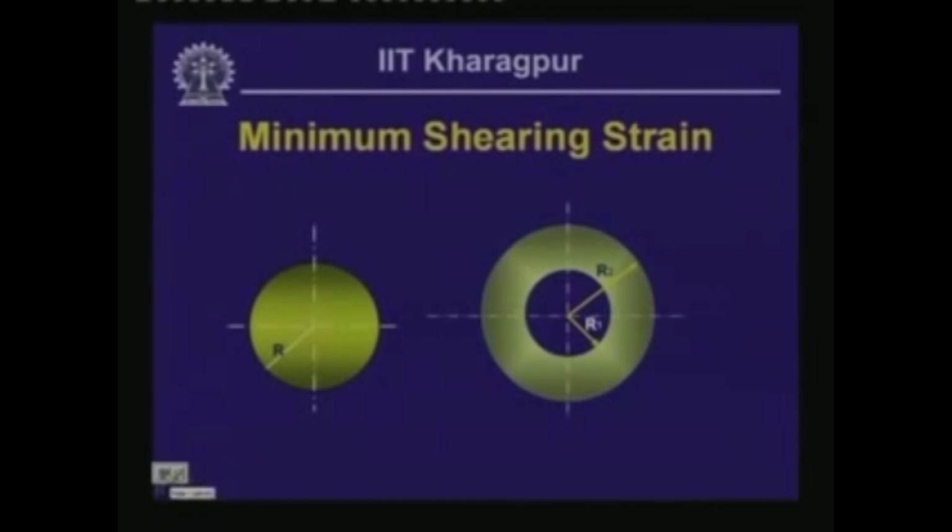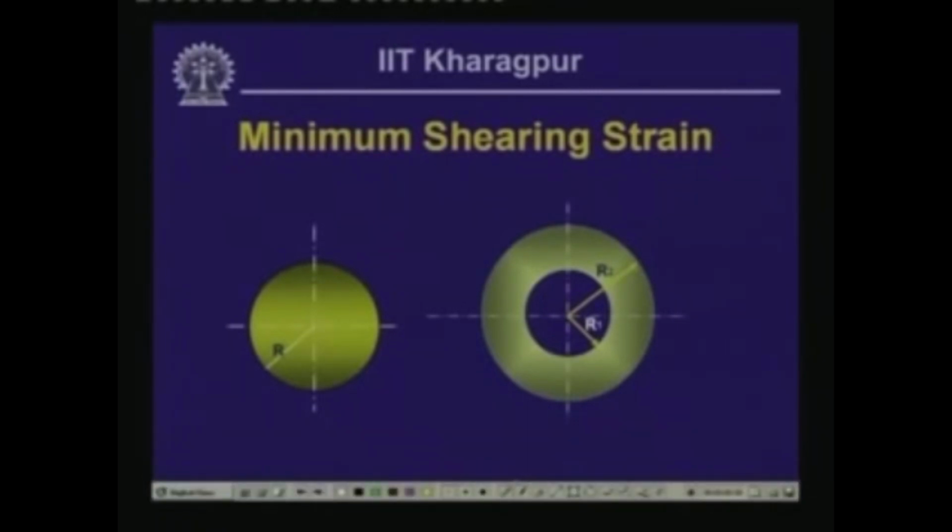Well, now the third question was: what is the value of minimum shearing strain for a solid shaft as well as for the tubular shaft? We have seen the shearing strain gamma is equal to d theta by dx times rho, where rho is the radius of a segment taken out from the solid shaft.